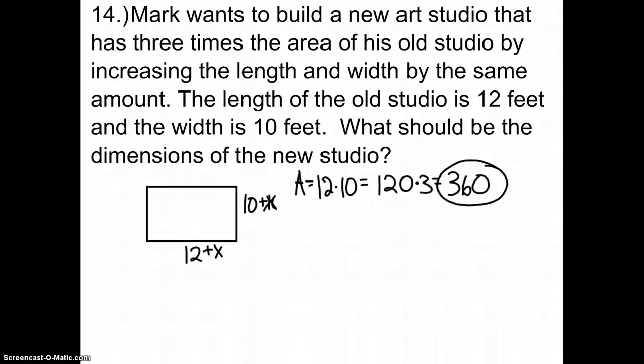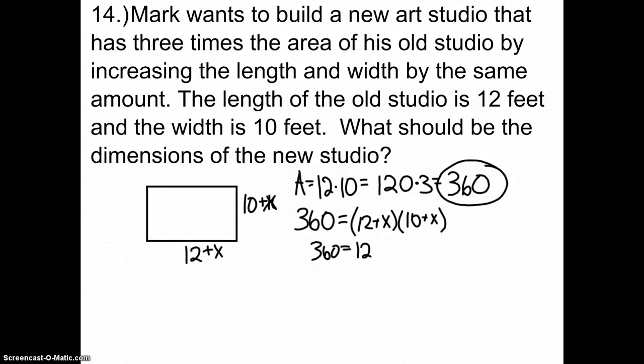So now to find the area of the new building, we take our area, which we found to be 360, equals our base of 12 plus x times our height of 10 plus x. And we can use our FOIL method that we've learned before. So we have 120 plus 12x plus 10x plus x squared.